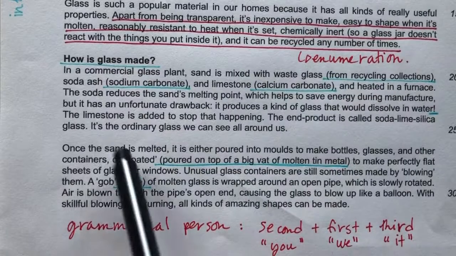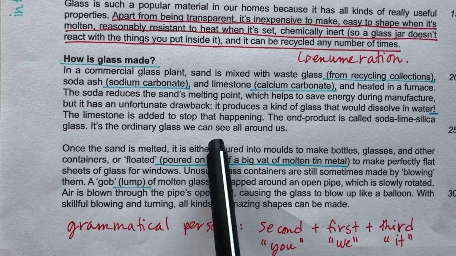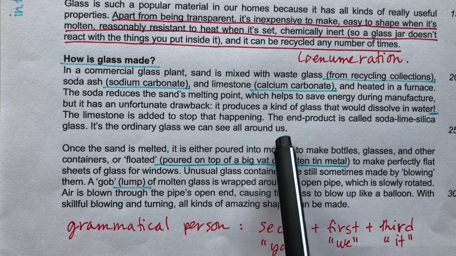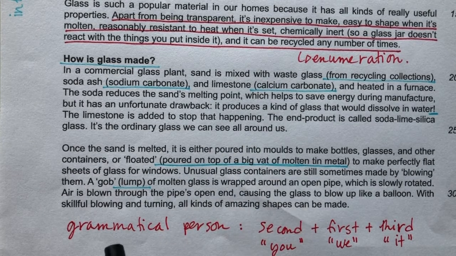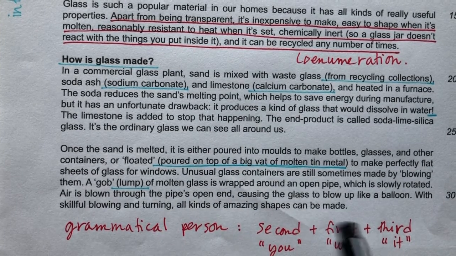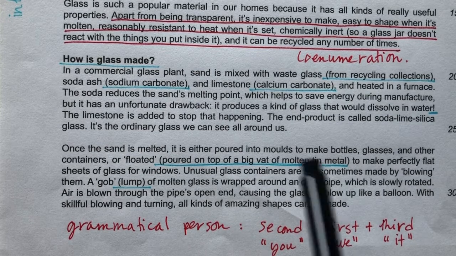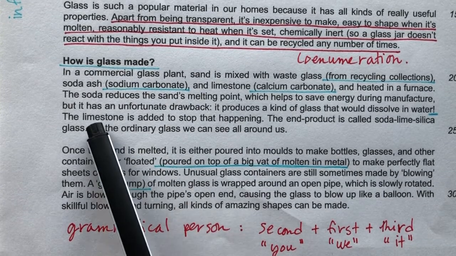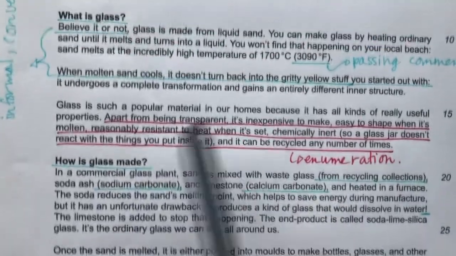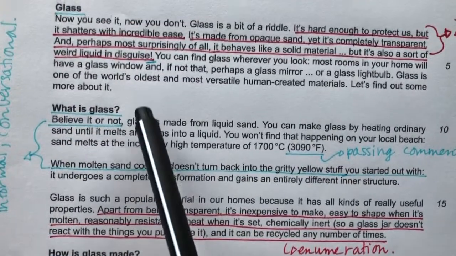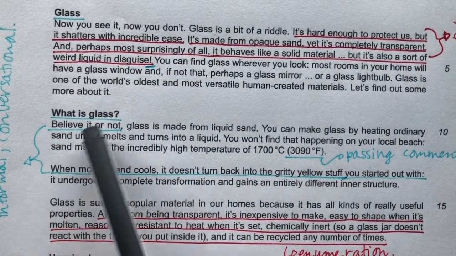Yes, here. It's the ordinary glass that we can see all around us. Okay, so the use of we, and a lot of third person, which I believe is actually the dominant one. There's a lot of it is, it's, it, because at the end of the day, the main focus of the text is glass, right?